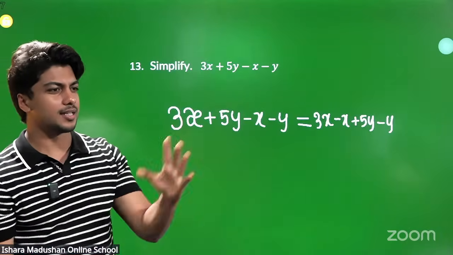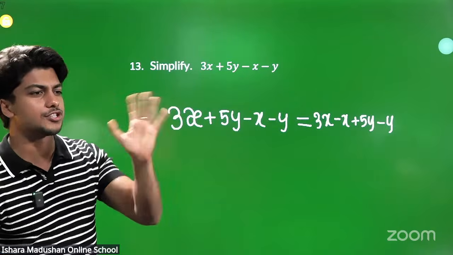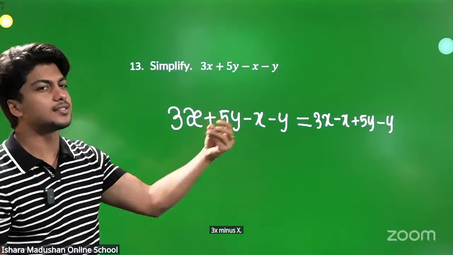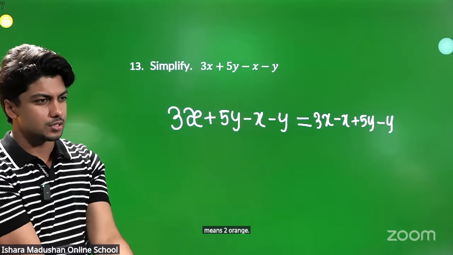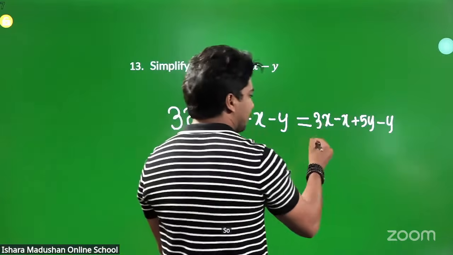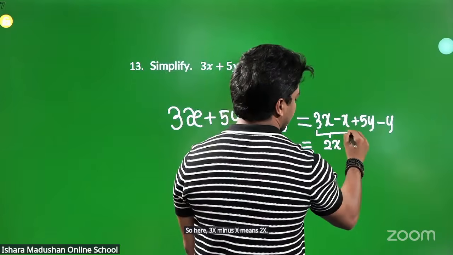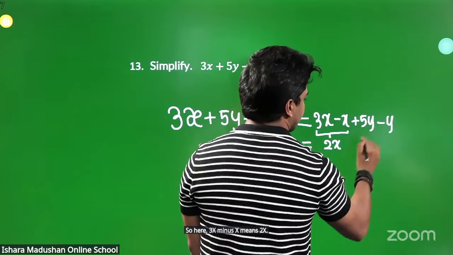3x minus x. Think of x as an orange. So 3 oranges minus an orange means 2 oranges. So here 3x minus x means 2x. Plus 5y minus y means plus 4y.